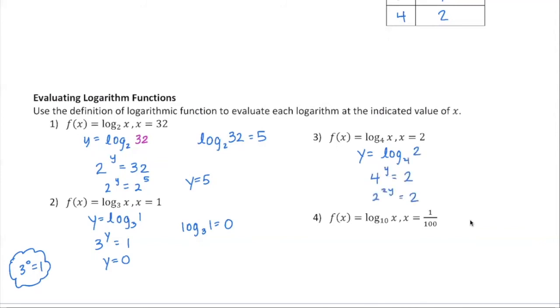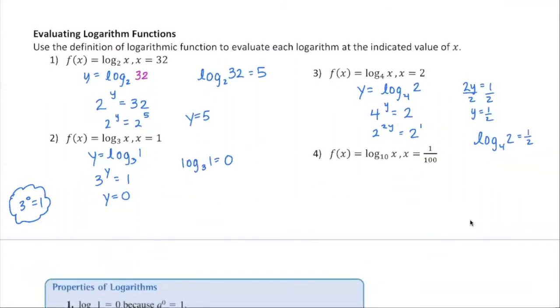So 2 has an exponent of 1. And so now, again, I know that in order for these two sides of the equation to be equal, the exponents have to be the same. So I would say 2y equals 1, and then I can just solve for y. So this expression log base 4 of 2 is just equal to 1/2.